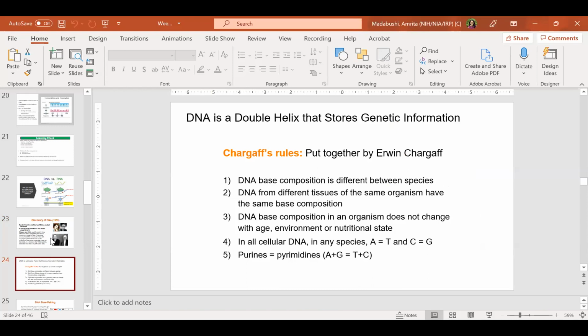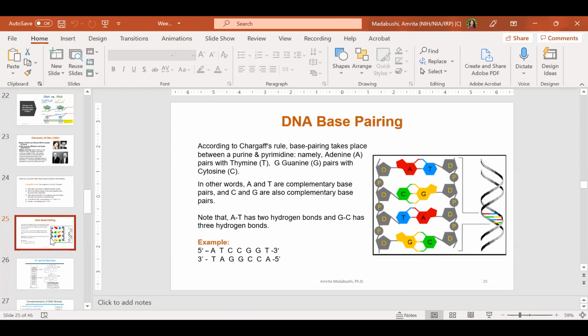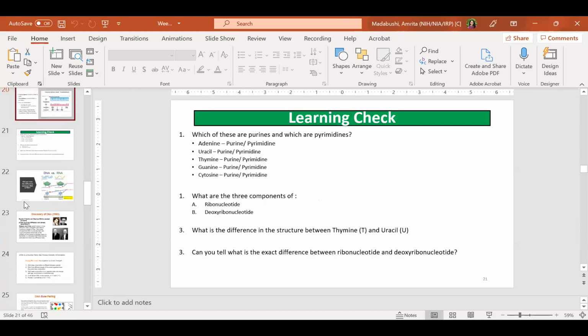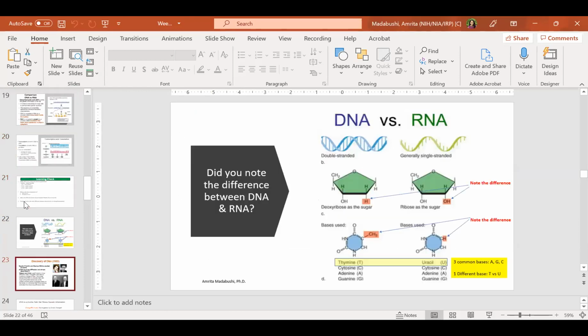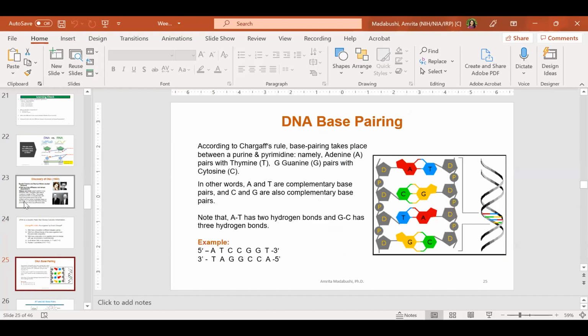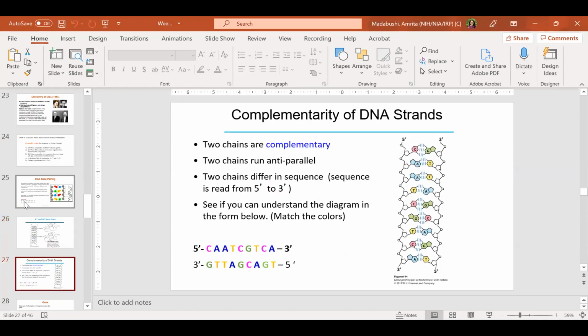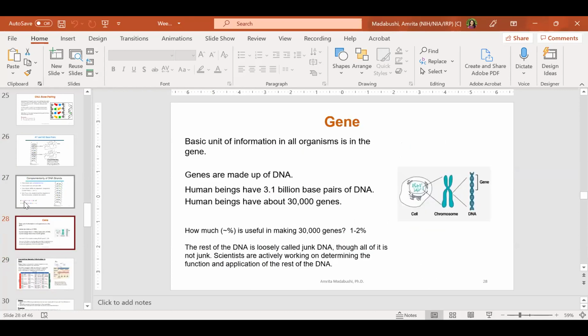And again, we'll go over the rules of how DNA works: A pairs with T and C pairs with G. We will talk about base pairing again, just to make sure that we have understood this correctly, because when you write it out like this, it feels very different from when you actually make that helix. So we're just going to familiarize ourselves with those forms and how they're complementary to each other.